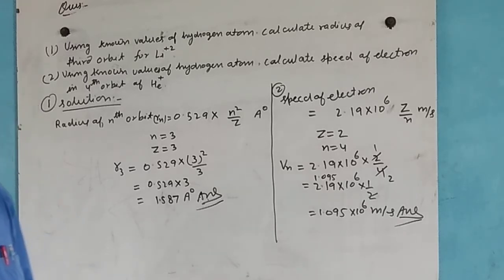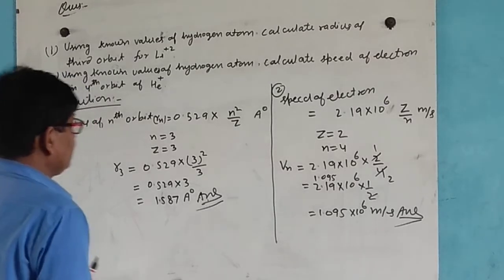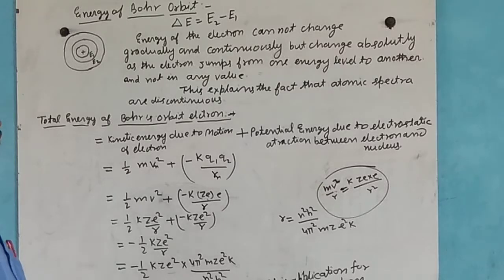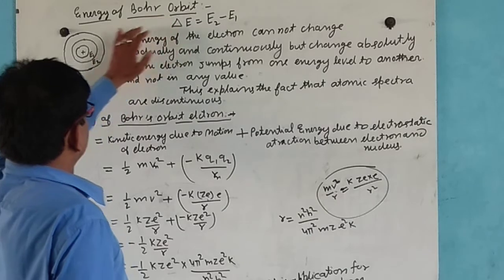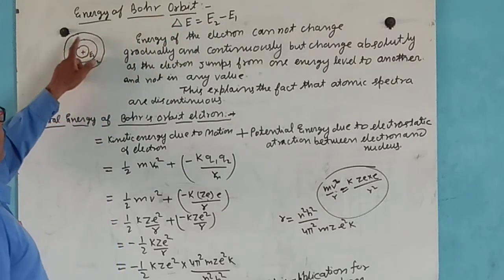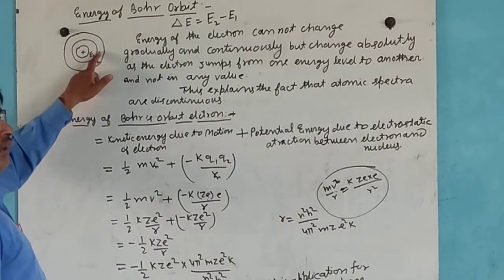Now we calculate the energy of Bohr orbit. This electron revolves around the nucleus in a circular path.